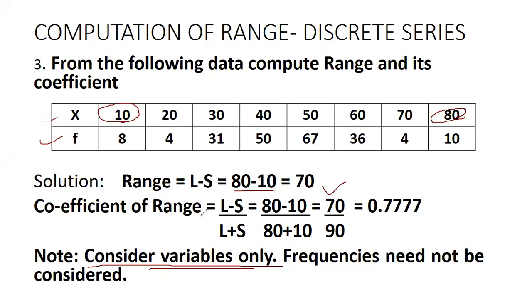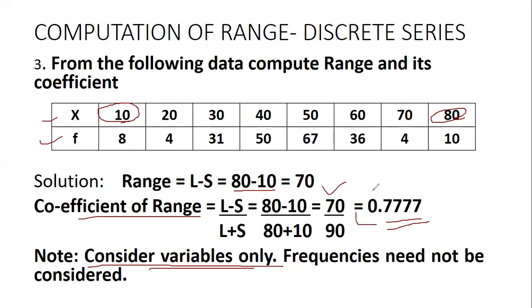Again, how to find coefficient of range? L minus S divided by L plus S, which is equal to 80 minus 10 divided by 80 plus 10, which is equal to 70 by 90. 80 minus 10, how? Largest minus smallest. 80 plus 10, again how? Largest plus smallest. So 70 divided by 90, the coefficient of range is 0.7777.